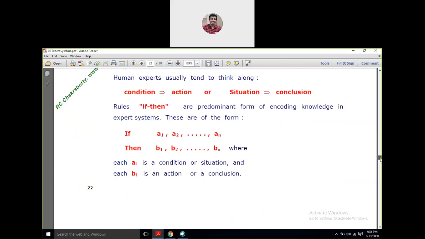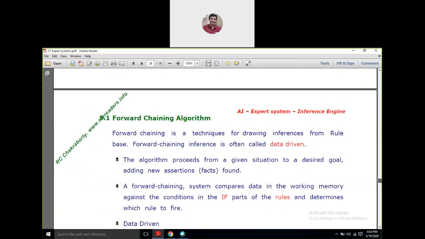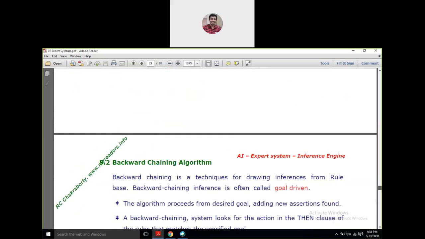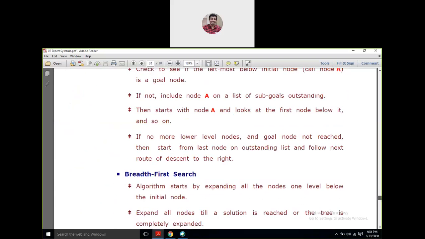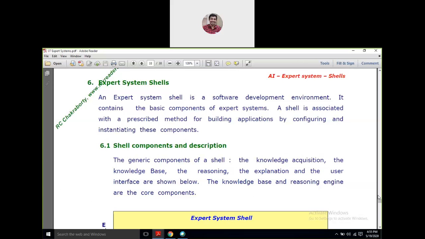Today we'll try to close it up by going through the last phase of this chapter, and we'll be starting with the expert system shell, right?